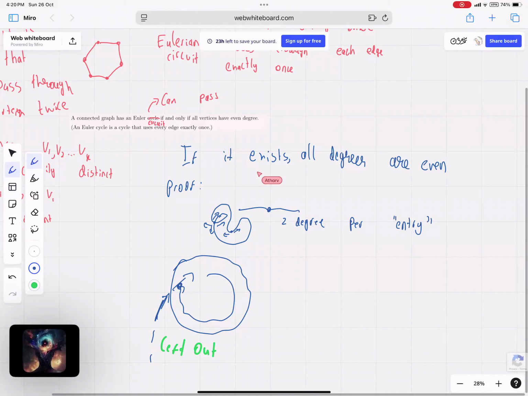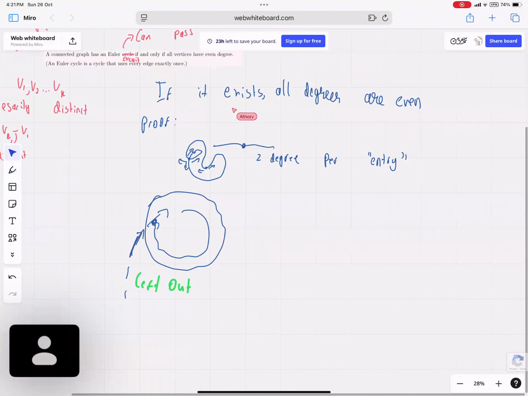I don't think it works. Normal induction doesn't work. Maybe you could do something different. We could do something extremal, like consider the cycle which passes through the maximum number of edges. Okay, then you have a cycle that passes through the maximum number of edges.